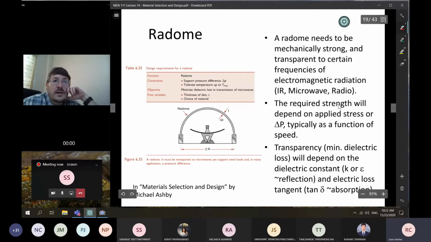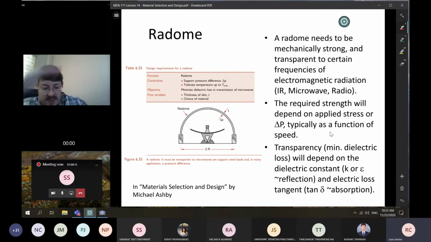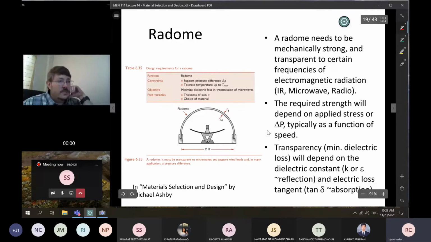All right? The required strength will depend on the applied stress or delta P. It's some pressure differential, typically as a function of speed, if you're on something moving, obviously. It'd be a static load if it was on the ground. So you might see something like this here.